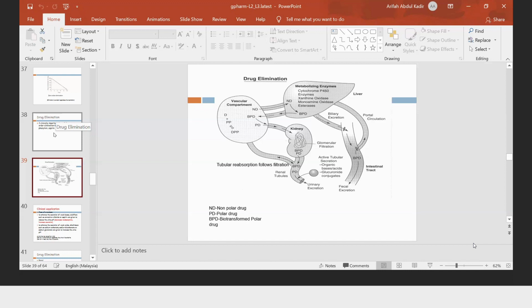If you take 20 tablets of aspirin at one time, even like paracetamol, you can only take 8 tablets in a day. Like aspirin, if you take more than that, it will follow zero order elimination. It cannot be eliminated. It will take time to eliminate the 20 tablets.